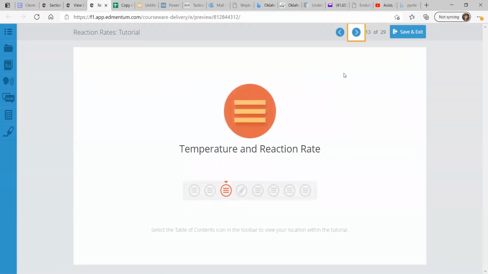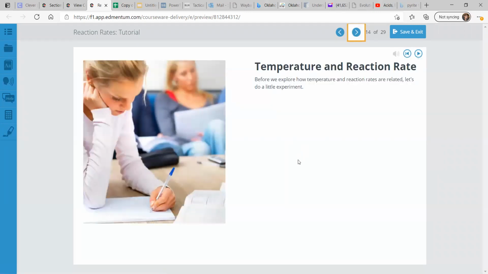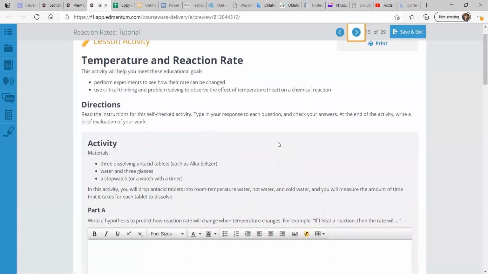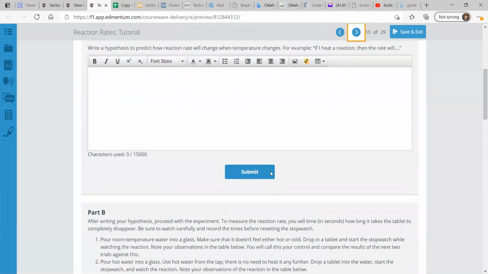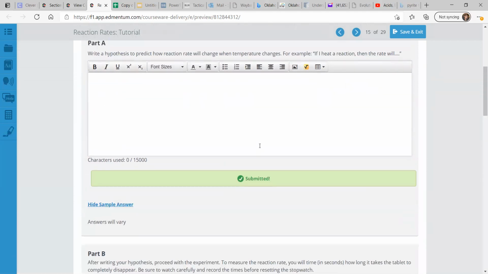Now we have temperature and reaction rate. Before we explore how temperature and reaction rates are related, we're going to do a little experiment. And I'll show you the answers for these parts.